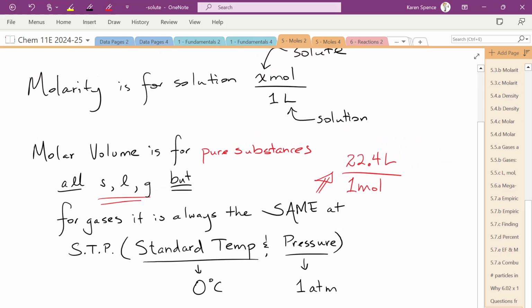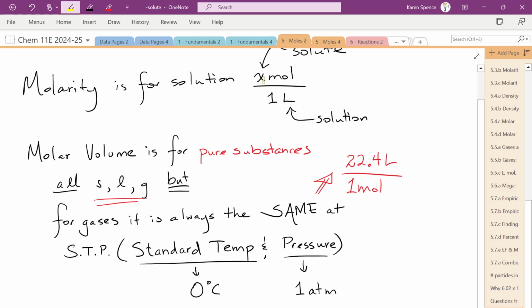So let's take per 1 mole. Now let's take a look at molarity, which is some number of moles per liter, and that's variable depending on how much solute you add. Molar volume is set for a substance, right? If you have gold, it's always going to be the same because 1 mole of gold is always going to take up the same amount of space. Now, the only things that are going to change that for gases are pressure and temperature.